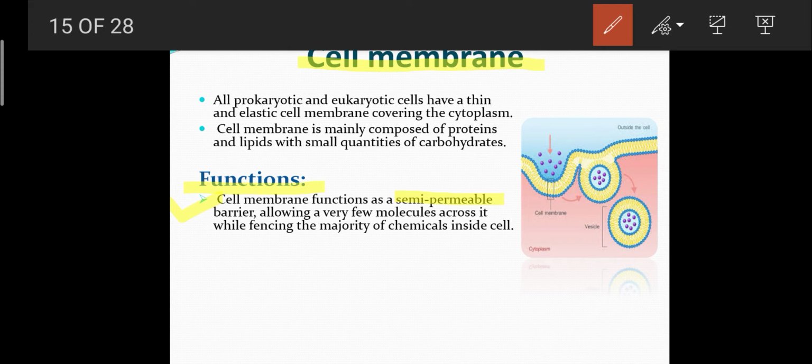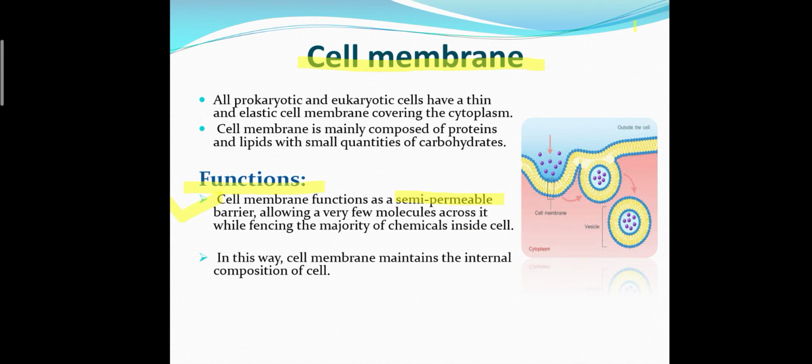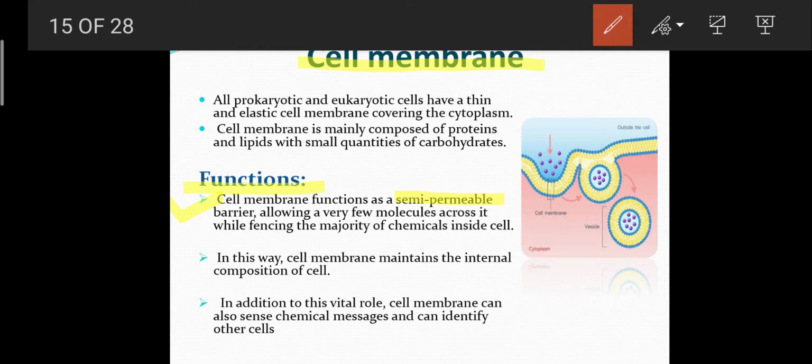It allows a few molecules across it while retaining the majority of chemicals inside the cell. The cell membrane maintains the internal composition of the cell, and in addition to this role, it also sends chemical messages and can identify other cells.